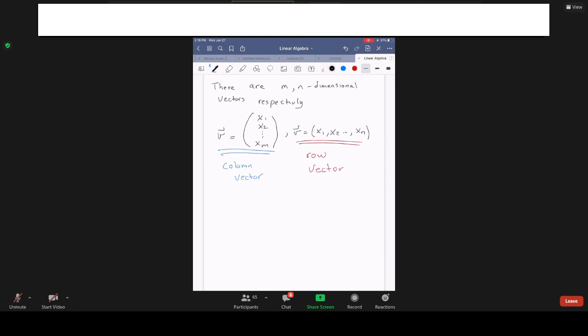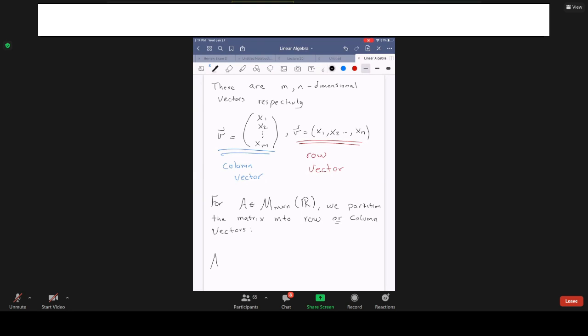So for, let's say, an m by n matrix with real entries, we can partition the matrix into row or column vectors. How do you do that?